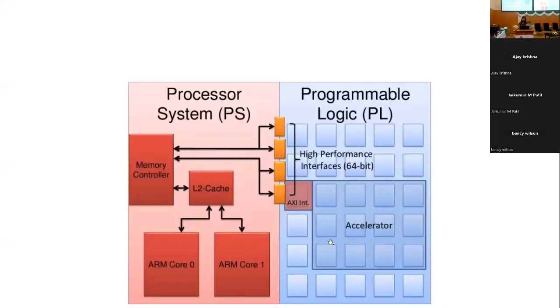In order to design an accelerator, I need both the PS part and the PL part. A board will contain both parts. Some boards don't have the left part, but they still have a soft core, which you can read about later; those are additional details. Some boards will not have the hardware ARM processor, but there we have a soft processor.